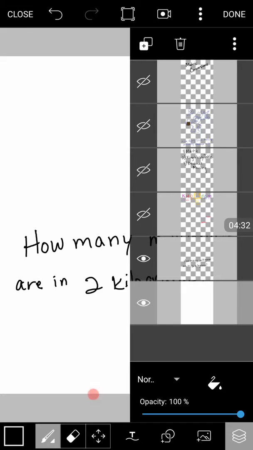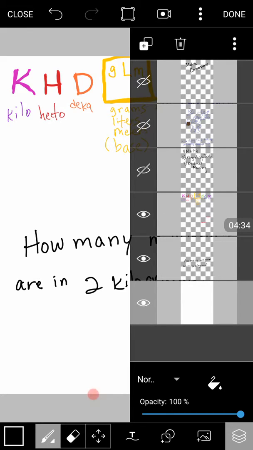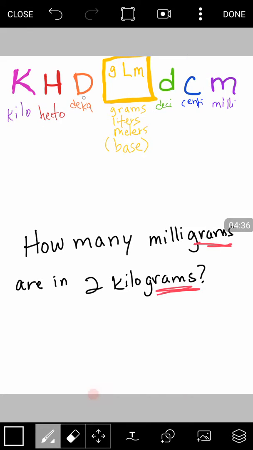If we go back to the King Henry table, how do we know what the relationship is between milligrams and kilograms? You're basically just looking at how far the 2 prefixes you care about are from each other. Milli and kilo. How far is the milli from kilo?